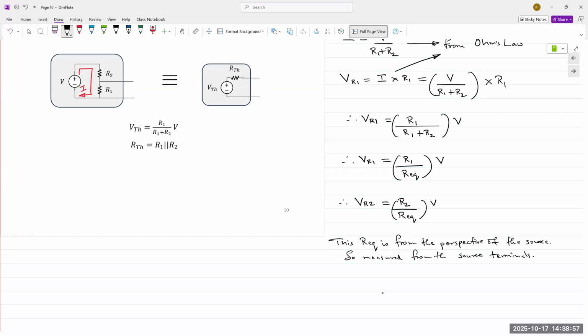And this is how we apply voltage division.